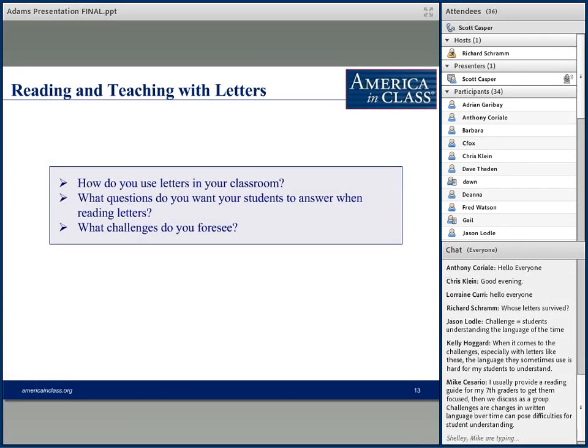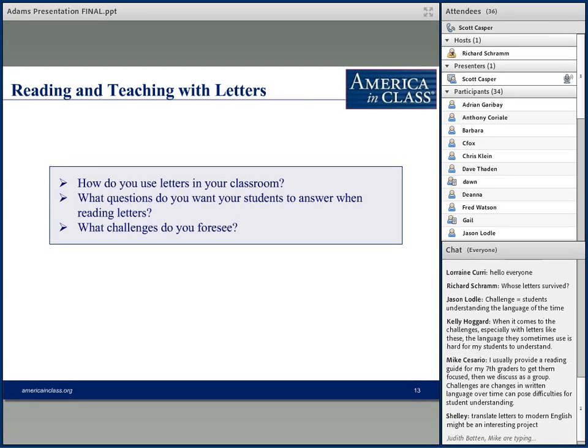It is. And I think what we just have here on the discussion board, Mike says he usually provides a reading guide for 7th graders to get them focused. Then we discuss as a group. Challenges are changes in written language over time. Exactly. One of my favorite questions in teaching is simply, huh? That is, what is somebody saying? How can we translate this into English that we understand?